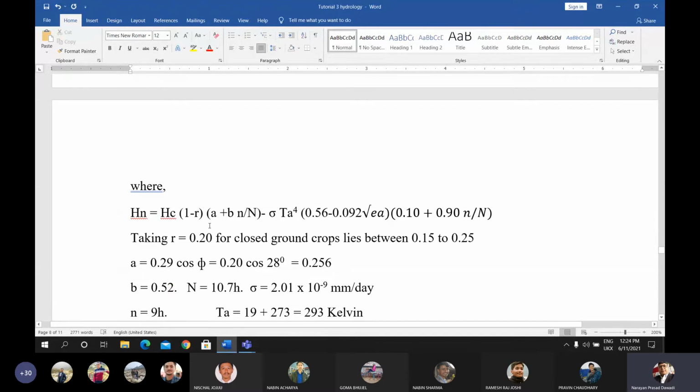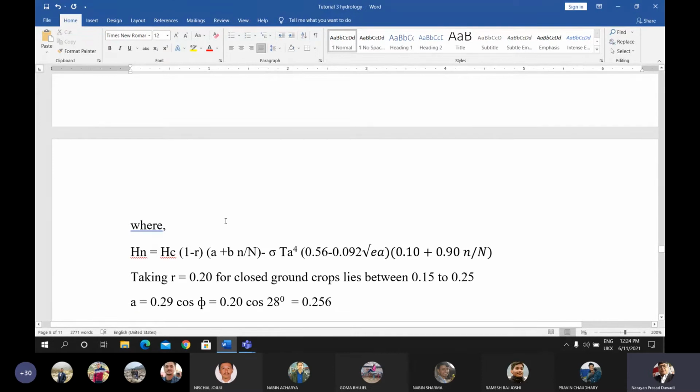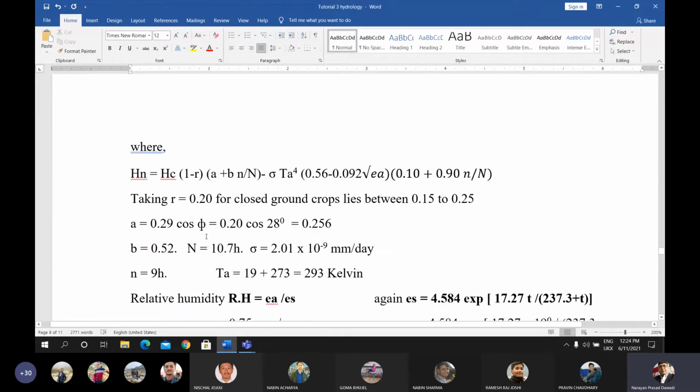r is the albedo of the place, that is the reflection coefficient. The reflection coefficient of a place is considered according to the type of the ground or the type of the water body. For closed ground crops, the r value lies between 0.15 to 0.25.